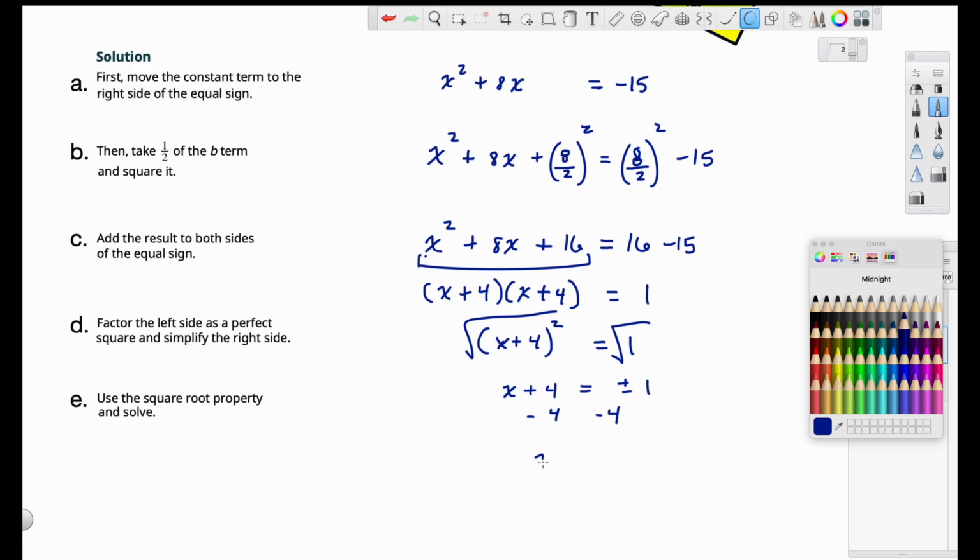So now our answer is x equals negative 4 plus 1, or x equals negative 4 minus 1. So our solution is negative 3 or negative 5.